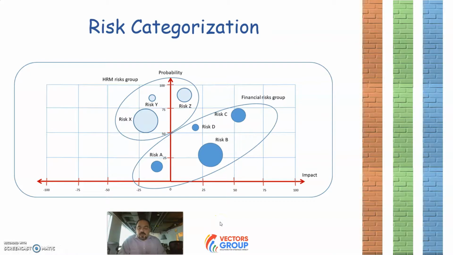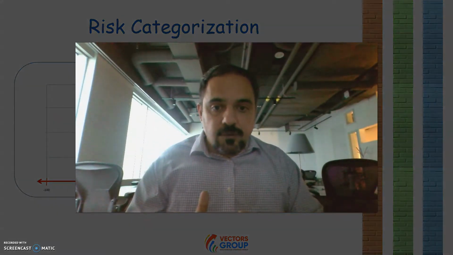So risk mapping can also help you to categorize your risks. We will see in the following slides the categories, the types of risks. So human resources management risks, you can put them in the same group. You can use color coding, and it's a powerful tool to communicate with your decision makers.